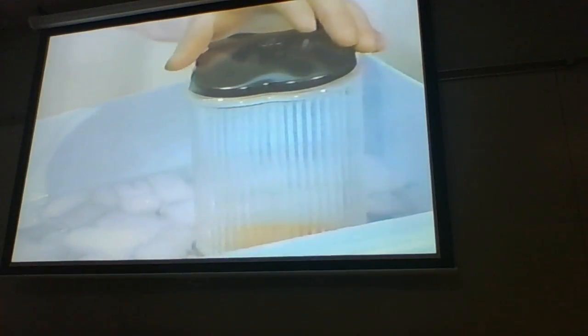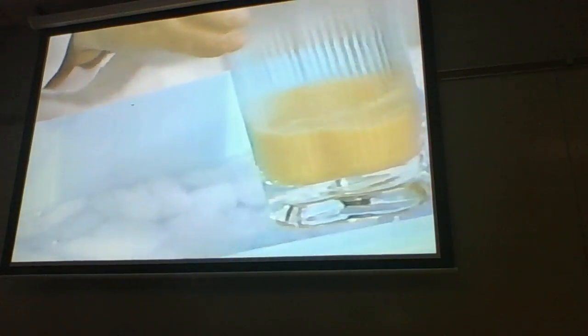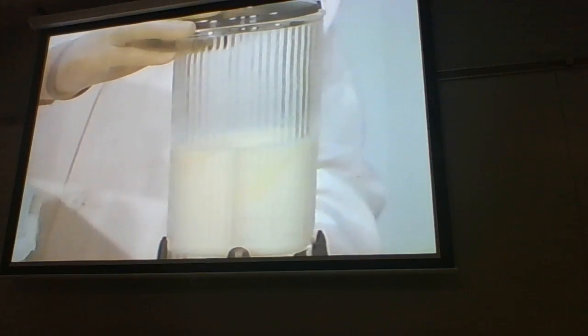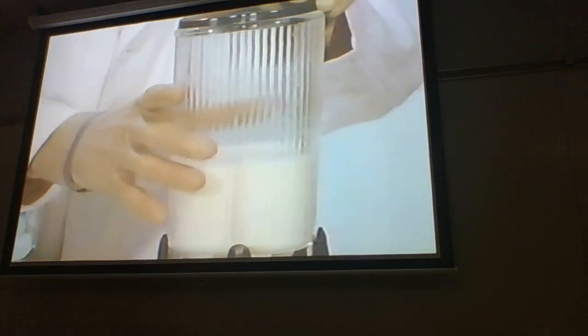This cell suspension is placed in a blender. The violent action of the blender fragments the cells to facilitate dissolving DNA.